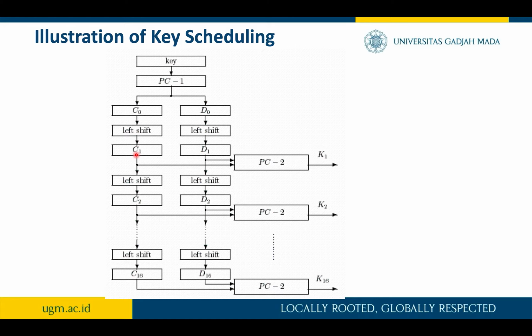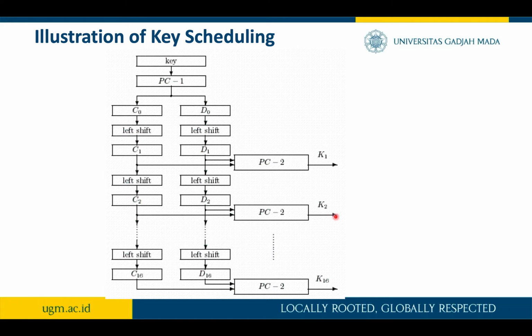But for the subkey for the next round, from C1 and D1 here, we do the left shift operation again using the table, and the result is C2 and D2. We do a permutation on C2 and D2 using PC2, and the result is the subkey for the second round, K2.